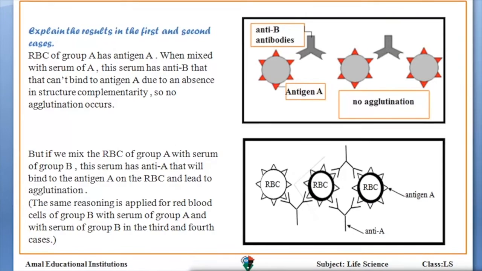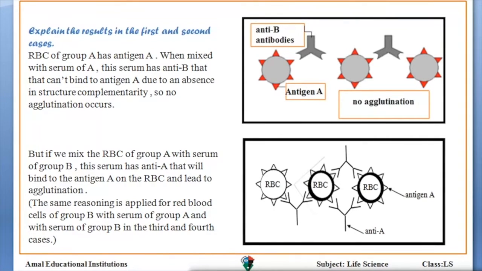As you would recall, there was no agglutination in the first case when the red blood cell of group A was mixed with the serum of the same group A. The red blood cell of group A has antigen A. This is why it is called group A. Now, the serum of group A has anti-B.